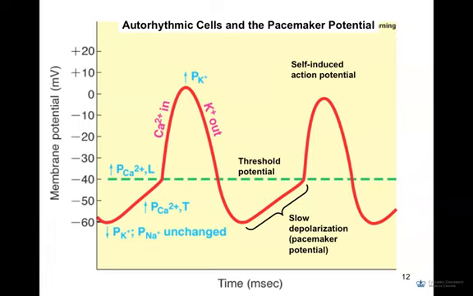So these autorhythmic cells are spontaneously active cells. They fire action potentials without the need of external stimulation. Okay? And they fire it at some particular frequency. And as we'll study in just a second, there are different groups of autorhythmic cells in the heart, and each one tends to fire action potentials at a particular frequency.